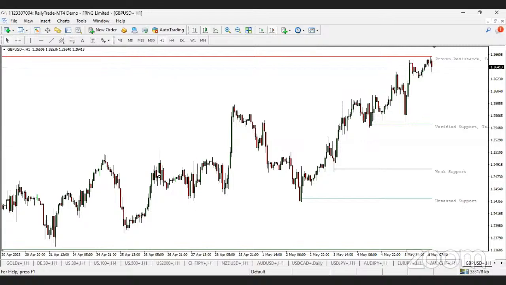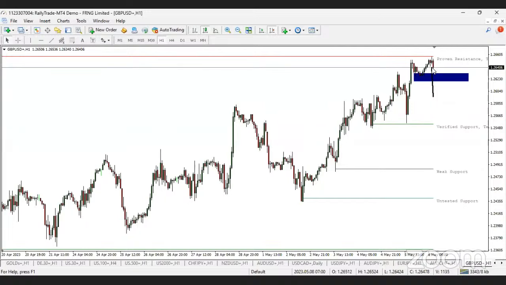What is our reason to sell? Our reason to sell is also very simple. You can see that price has created this last higher low. See this higher low that price has created? You just need price to break below it. That's step one, the break of that higher low.